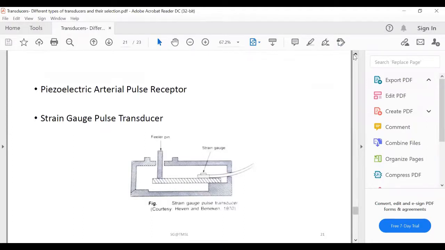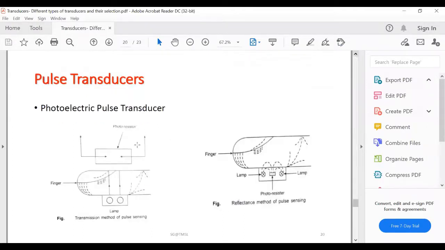In the photoelectric pulse transducer, the pulsating blood volume changes, and any change in this blood volume can be detected by this photoelectric method using photoresistors. There are two methods available: the transmittance method and the reflectance method.